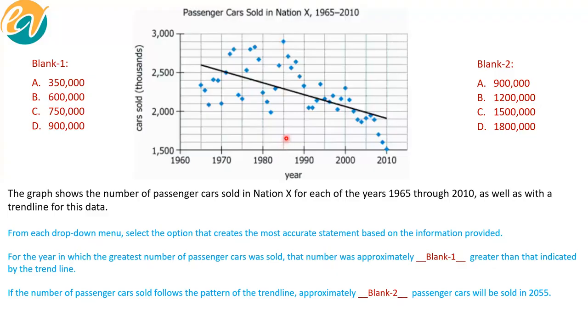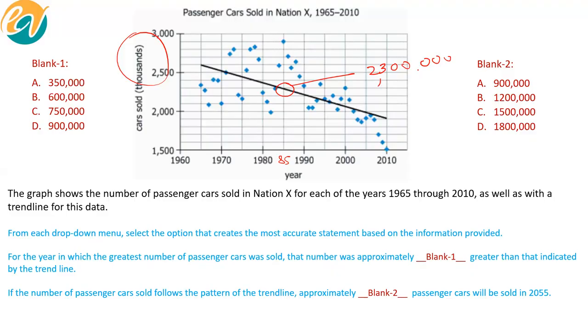So in 1985, the trend line indicates how many cars? 2,300,000, by the way, right? So the trend line indicates in 1985 2,300,000, because this is in thousands, correct?